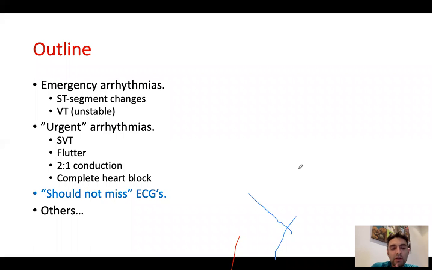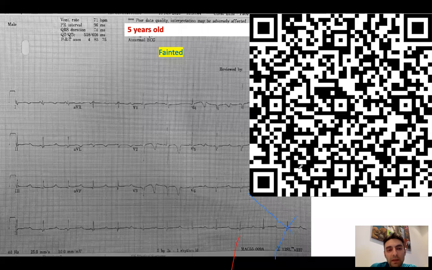Okay, these are your urgent arrhythmias. And then the ECGs that you should not miss, they're not urgent right now, but you should not miss them because they may have consequences down the line. Okay, so that's case 7.